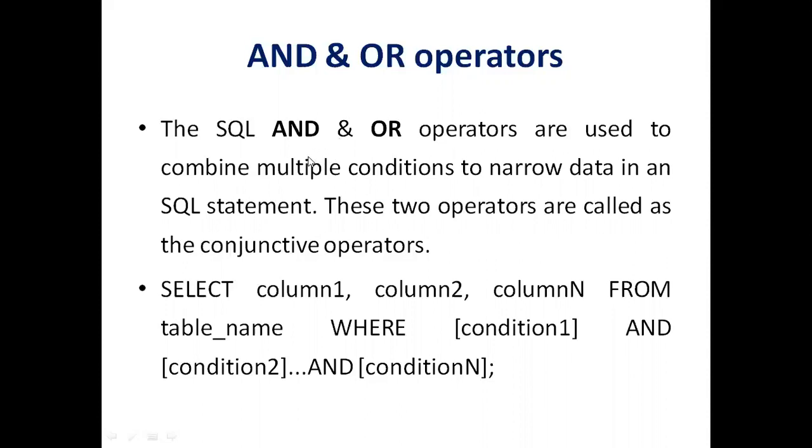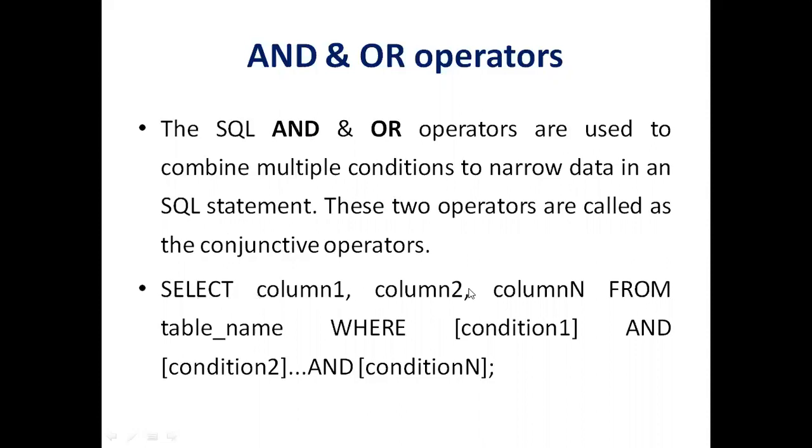If you want to retrieve a record when more than one condition is true, then you go for the AND operator. Or if you want to retrieve a record if only one of the conditions is true, then you go for the OR operator. Okay, and the syntax of AND or OR operator goes like this.